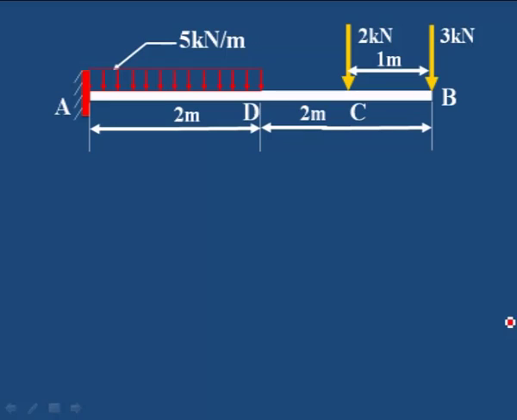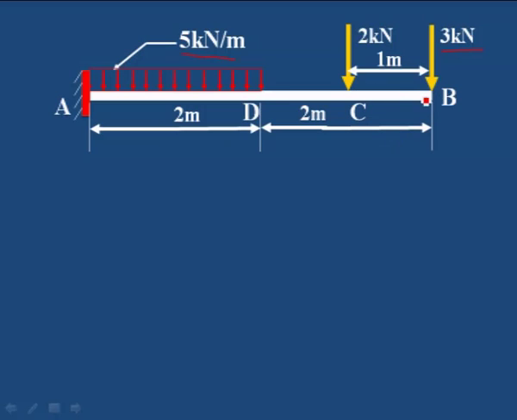Now let us take one more example, which is carrying 2 point loads with a uniformly distributed load. The half portion is acting with a uniformly distributed load of 5 kilonewton per meter up to a distance of 2 meter from A, and one point load of 3 kilonewton is acting at the free end.